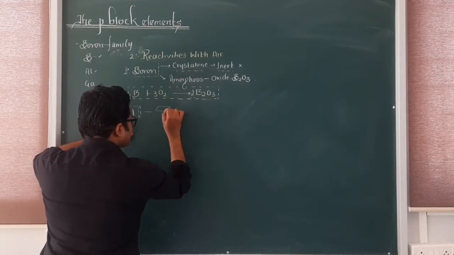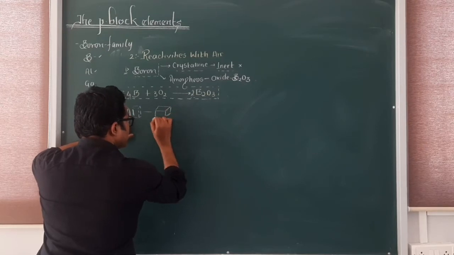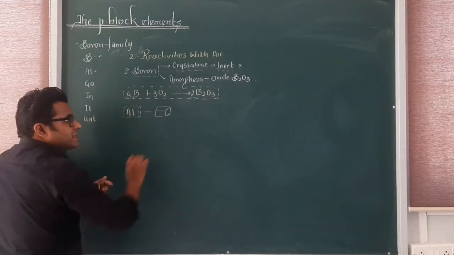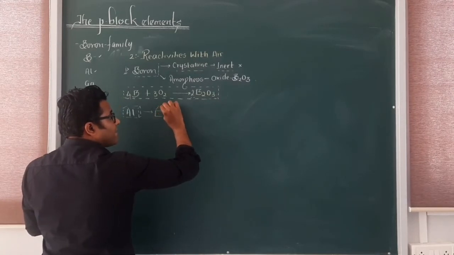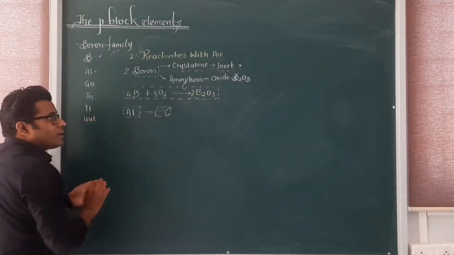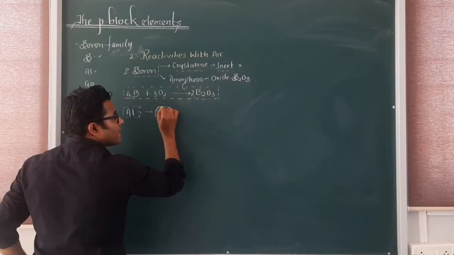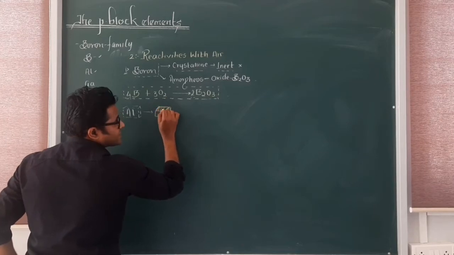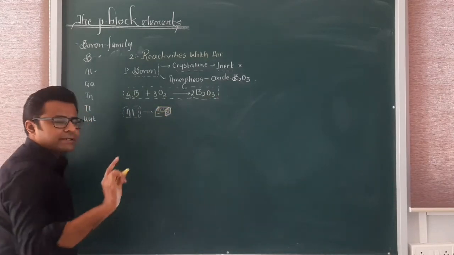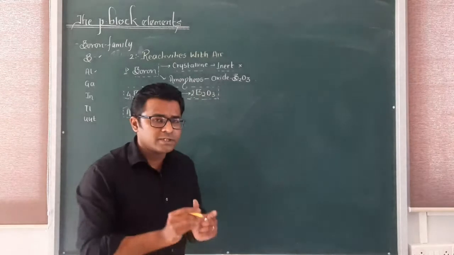Let's say this is a cube of aluminium. Now here, this aluminium readily reacts in order to form the oxides, but the oxides are present only on its surfaces. That means the internal matter is not oxidized.